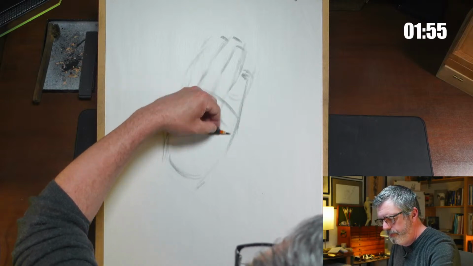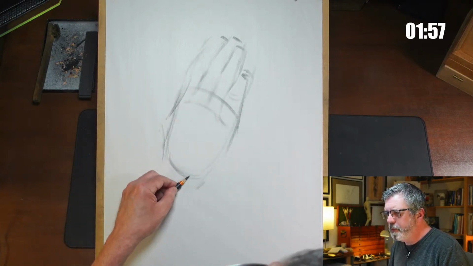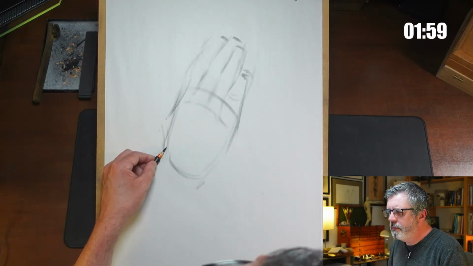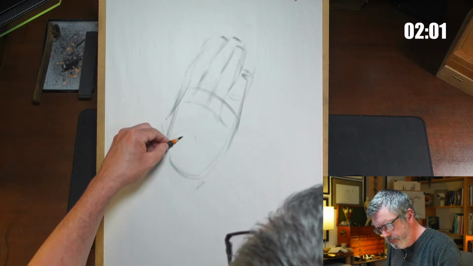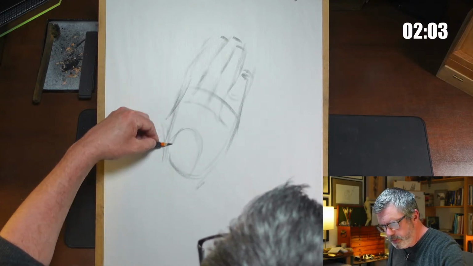Okay. Find that bulk on top of the hand there.